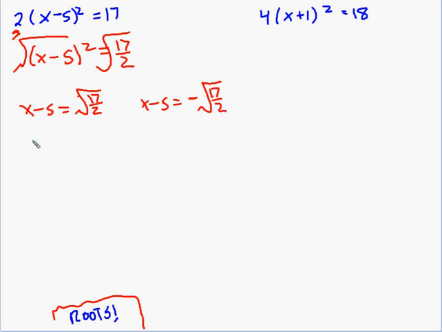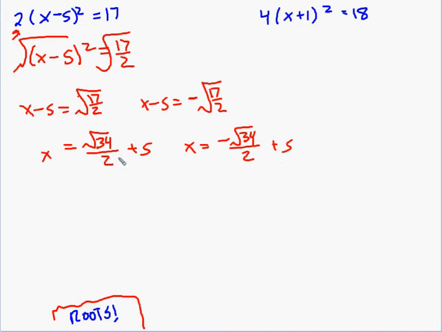Then we add the 5 in both cases. Now, we need to rationalize. This is a negative right there. So I'm going to get root 34 over 2 plus 5. And rationalize this one. X equals negative root 34 over 2 plus 5.